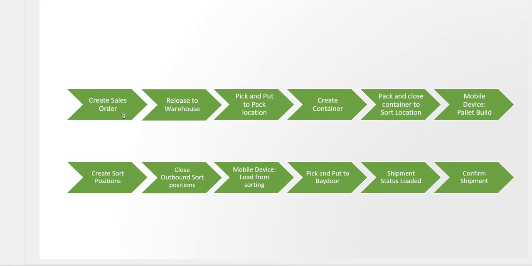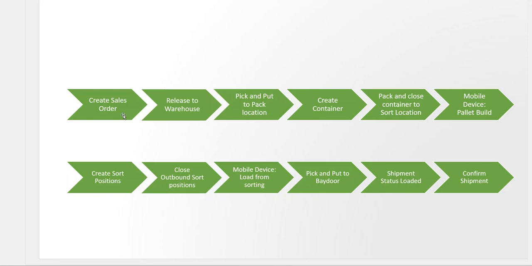I think that's a very helpful functionality. Previously you would have to use a wave to accomplish something similar, but now we're able to do it in a separate process after we have packed and closed our containers. So that's what we're going to try to do in this example.